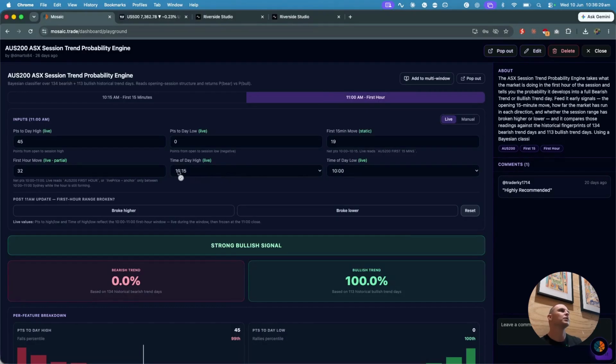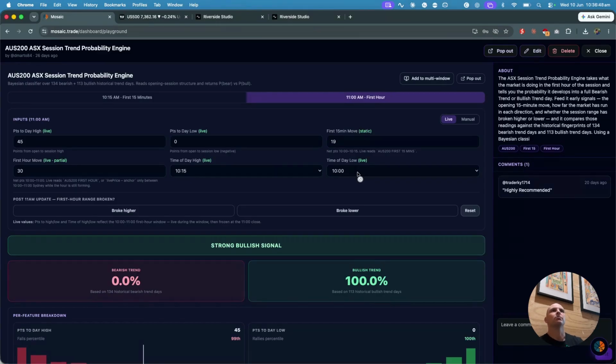The other thing that it does track is time of day high and low, because rallies, 80% of the time, see their day low in that first 15 minutes, and vice versa. So this takes that into account as well.